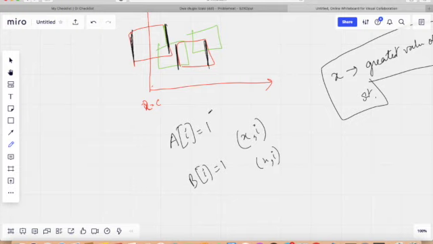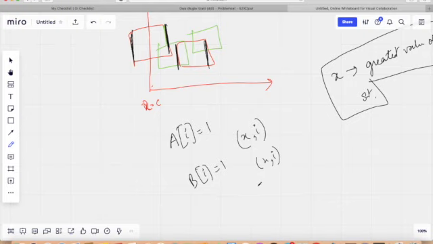Notice that we are only maintaining the segment tree over one dimension, that is the y dimension. As we move our line sweep, the x dimension is being taken care of by the sweep line and the y dimension is being taken care of by the segment tree.